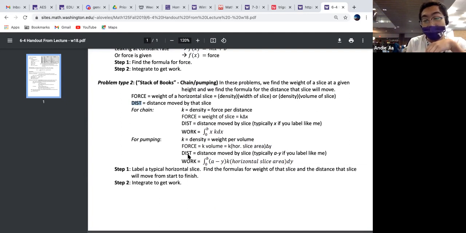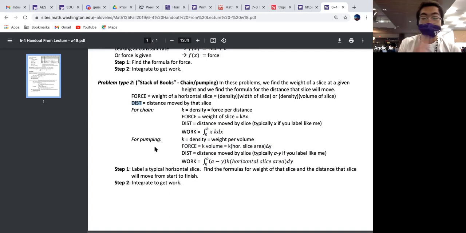The distance is the distance moved by the slices, so it goes from the upper bound b to 0. When pumping from A, it is the height of the liquid minus y. Then put force and distance together and do the integration.